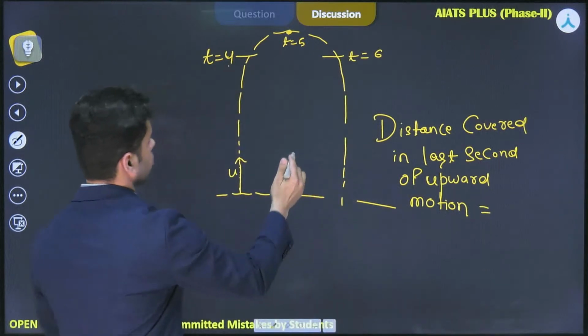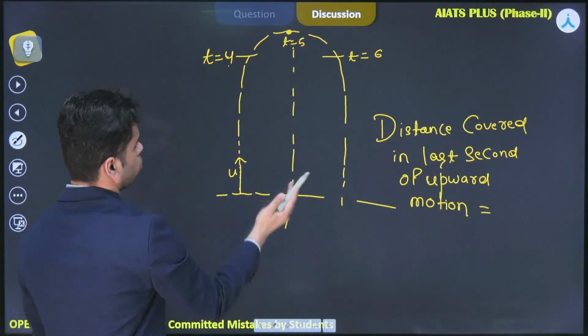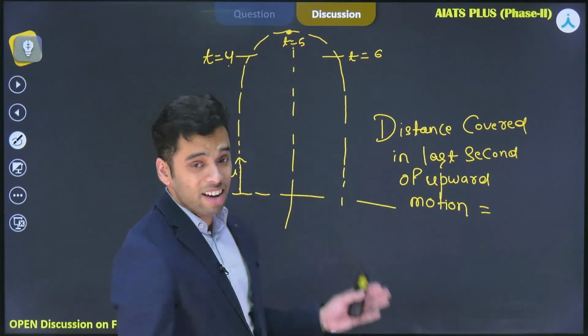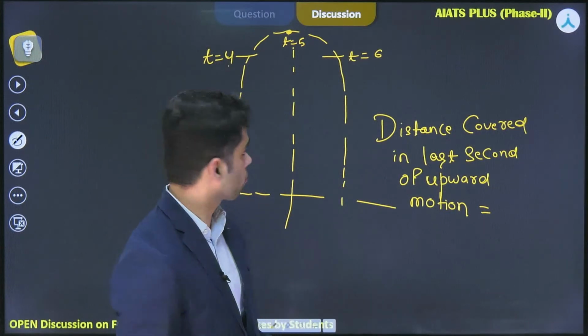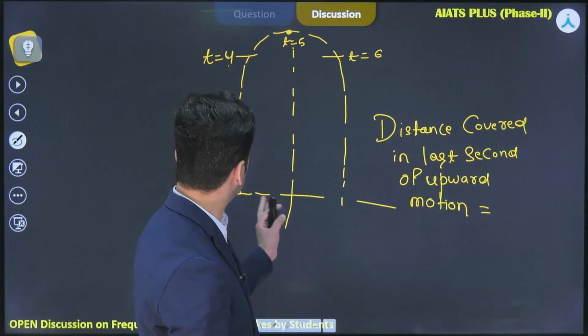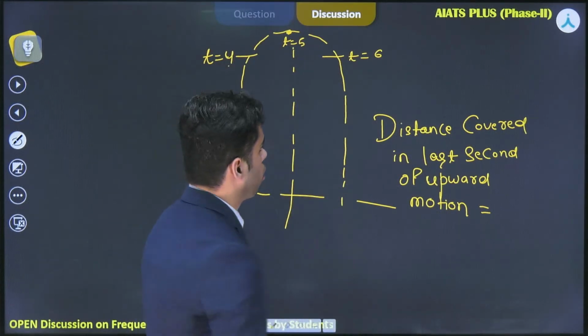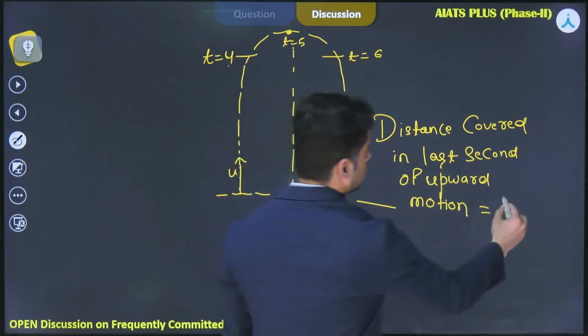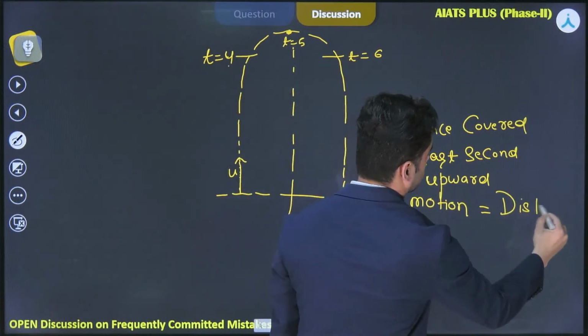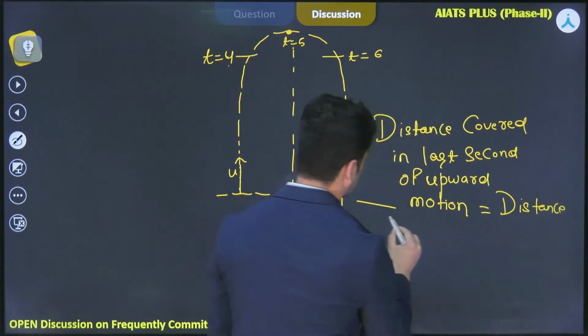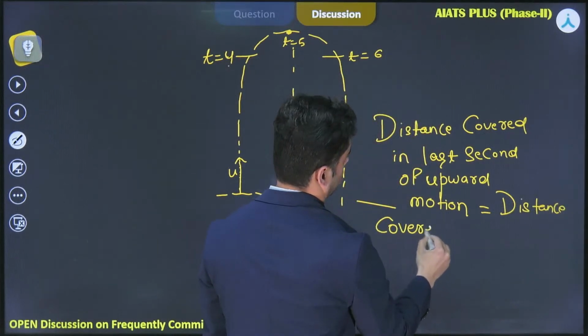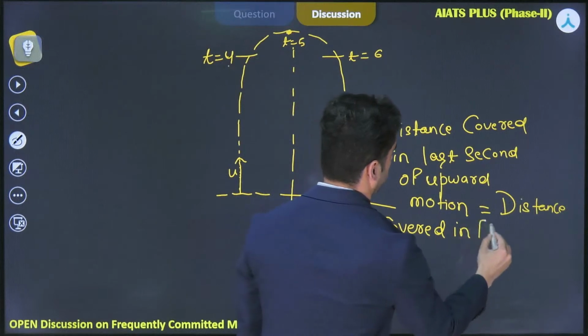If I draw a dividing line, the portion to the left is the upward motion, and the portion to the right is your downward motion. So the distance covered in the last second of upward motion is equal to the distance covered in the first second of downward motion.